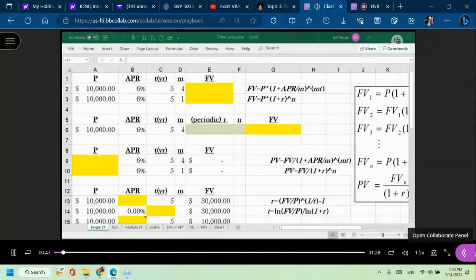Most likely the first 2 or 3 files on top in each folder are the files that we use for the class. So you can download this file, which is titled time value.